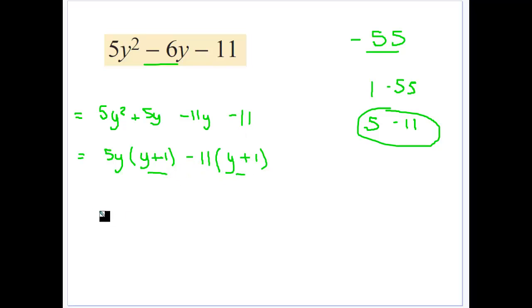Again, notice our brackets stay the same, and we're able to factorize the y plus 1 outside of it, and we get 5y minus 11 in that bracket.